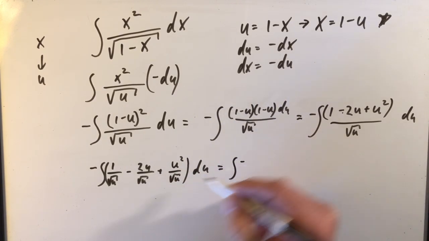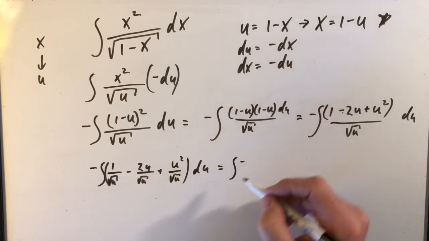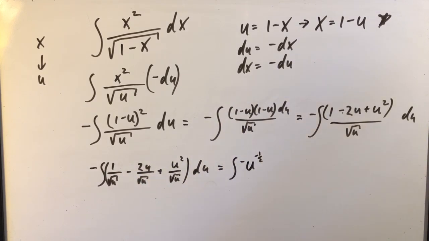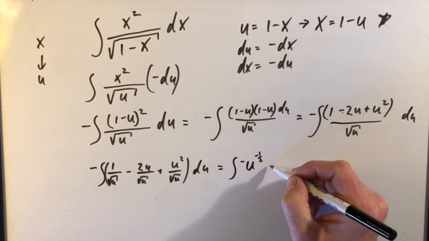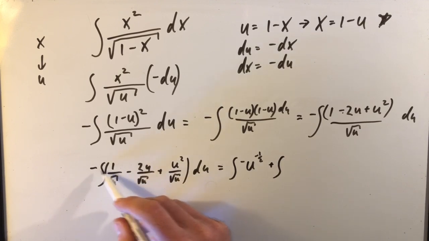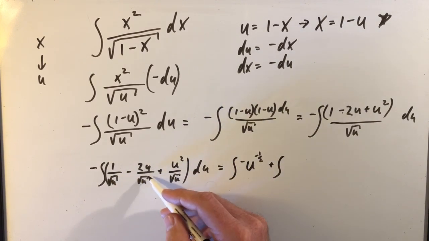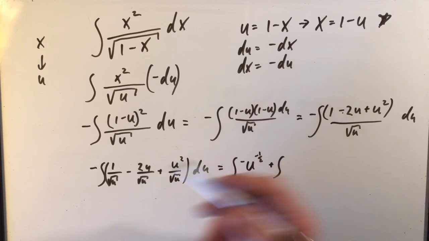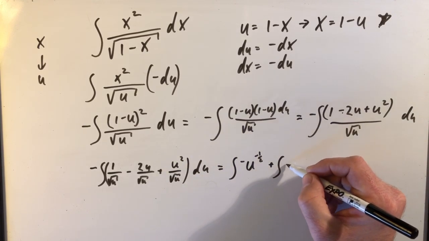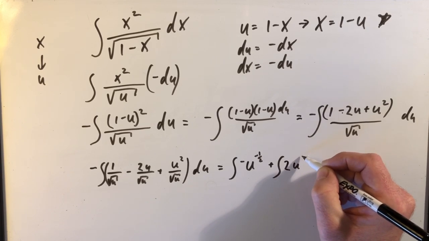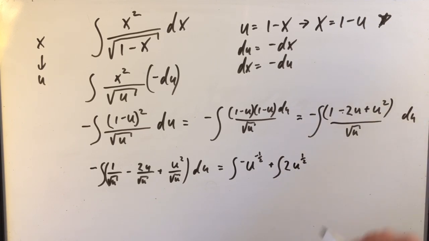And then I can see minus, this guy becomes u to the negative 1/2, plus, that is a plus because of those two. And then I've got u to the 1 minus 1/2. So it'll be 2 times u to the 1/2.